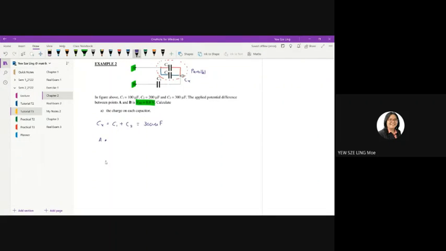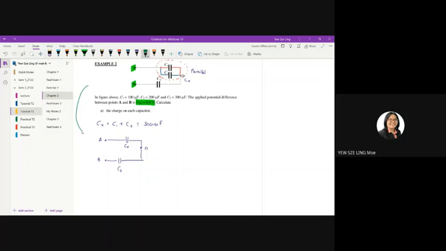This is A, this is B, and then I have here CX, point D, and then this is C3. So after I simplify C1 and C2, now I come to this diagram.